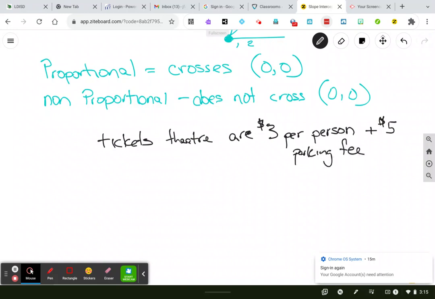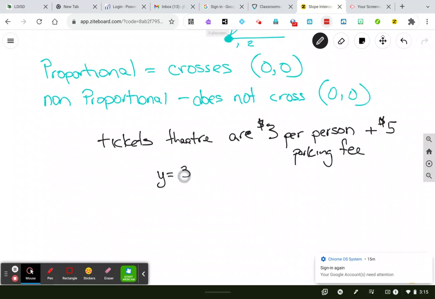So you're going to the theater, you have to drive your car, you park, and they're going to charge you $5. No matter what, one car, $5. But then you are charged $3 per person. So to figure out how much you would spend, you would write something like this.